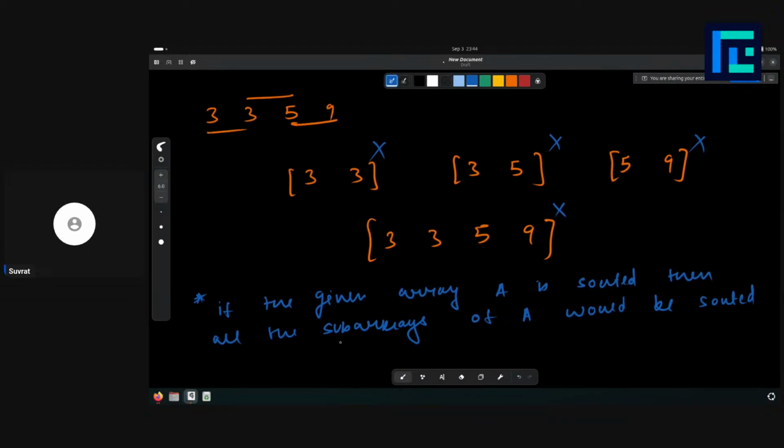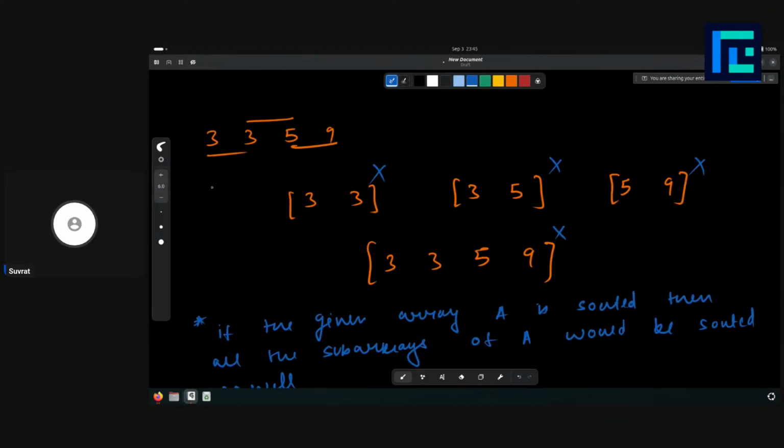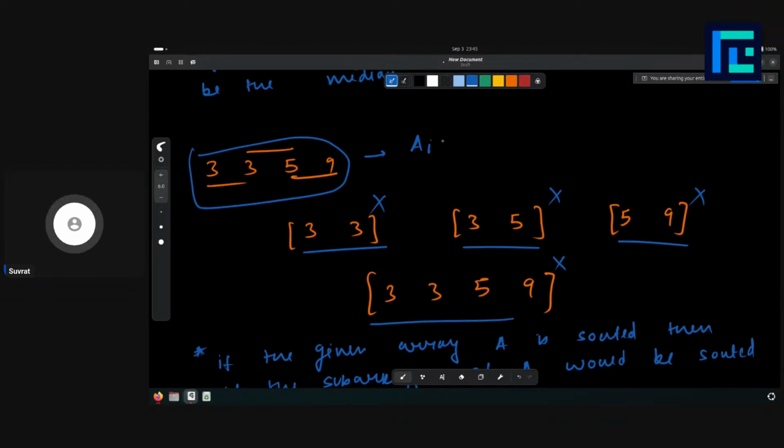Since 3 3 5 9 was a sorted array, all of its subarrays would always be sorted, because in a sorted array a_i is always less than or equal to a_(i+1).